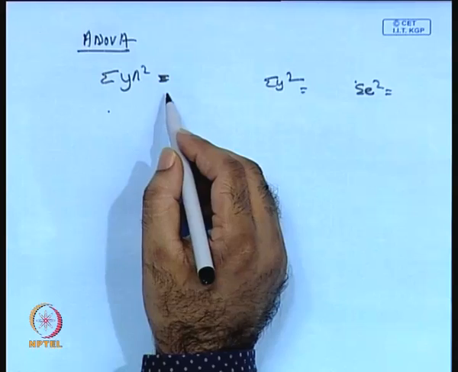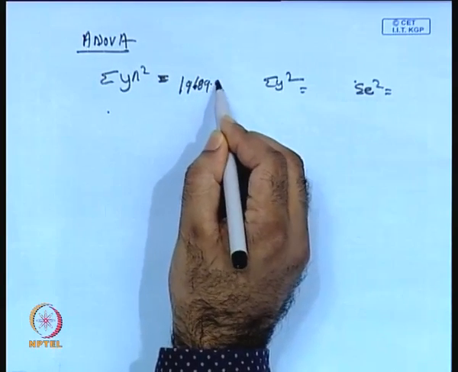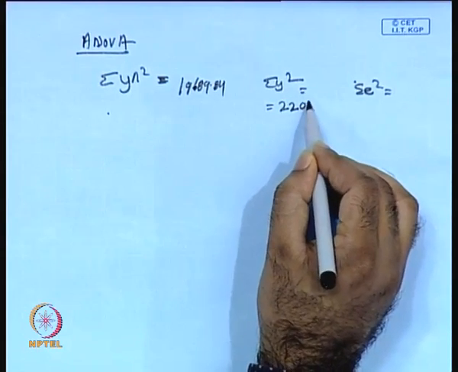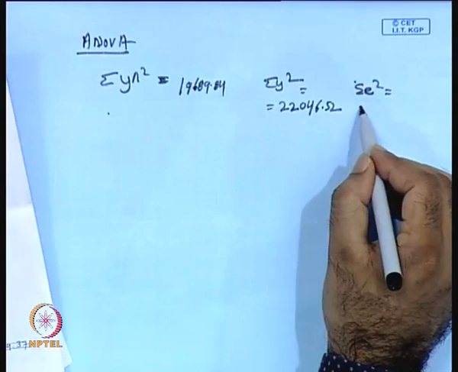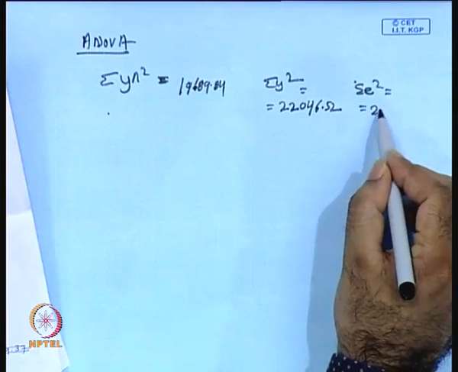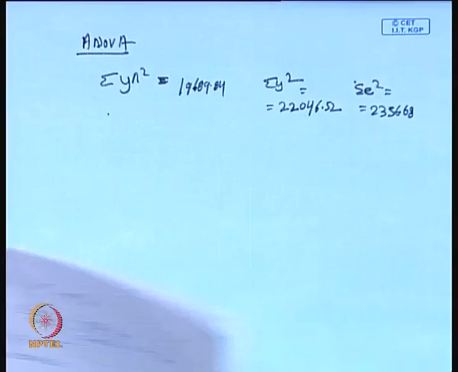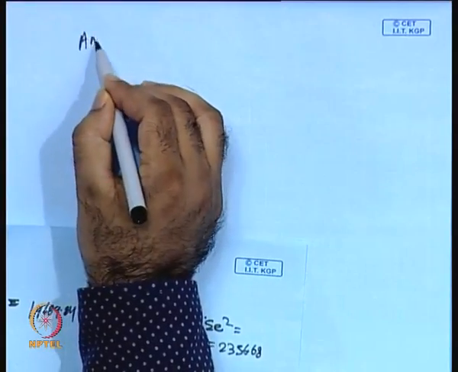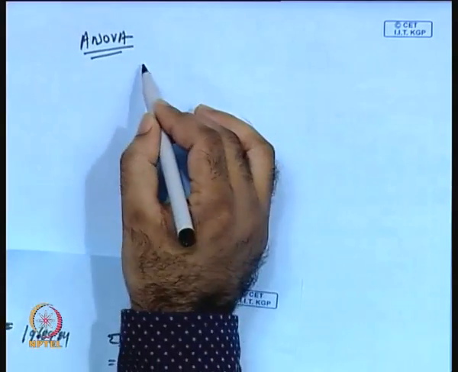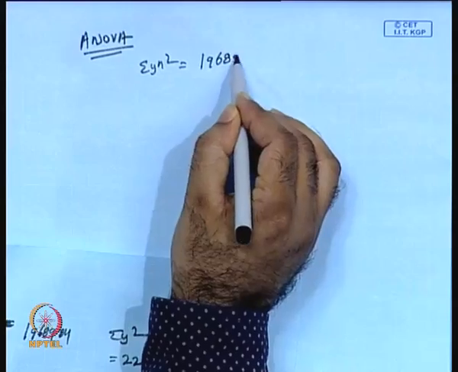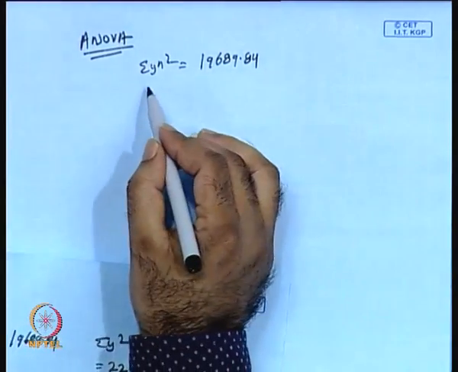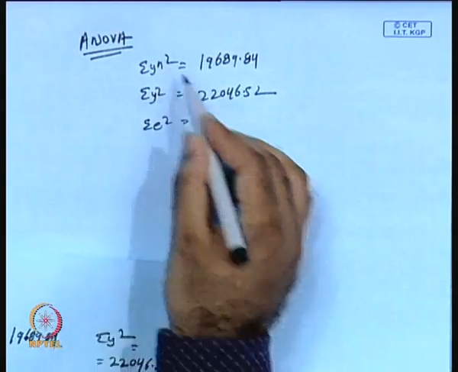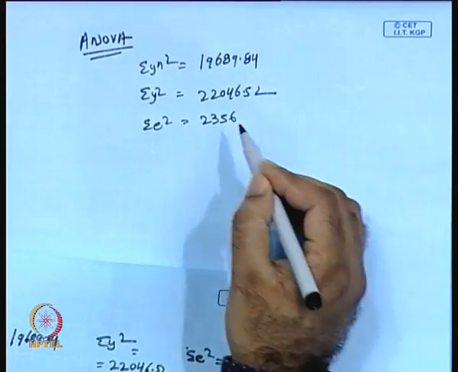Summation y hat square is equal to 19689.84, summation y square is equal to 22046.52, and summation e square is equal to 2356.68. Let me write it once again, very briefly, for the ANOVA. Summation y hat square equals 19689.84. Summation y square equals 22046.52, and summation e square equals this minus this, which is 2356.68.